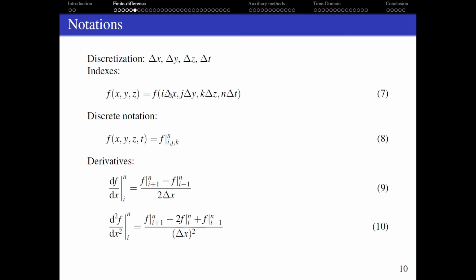So x is going to be i multiplied by delta x, and so on. And so we arrive at a discrete notation that is common in books. So f at x, y, z, and t is going to be defined as f of i, j, k, on n. So those three are for space and n is for time.